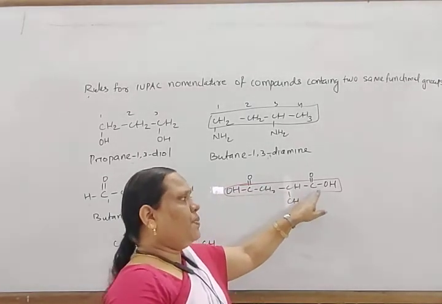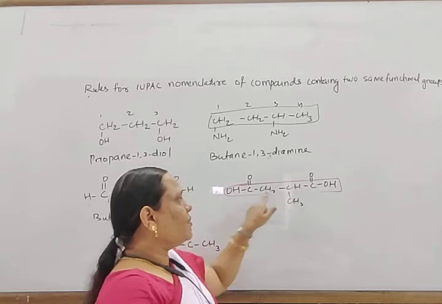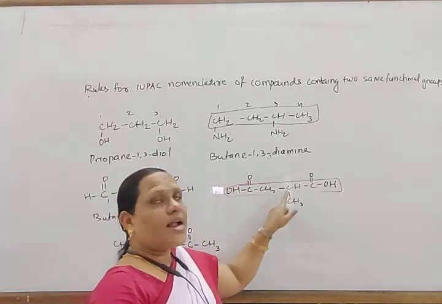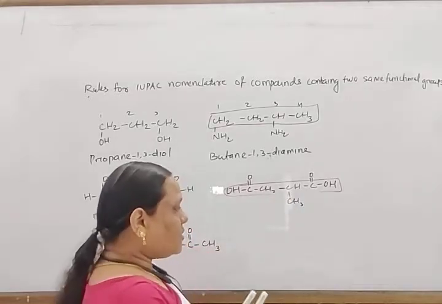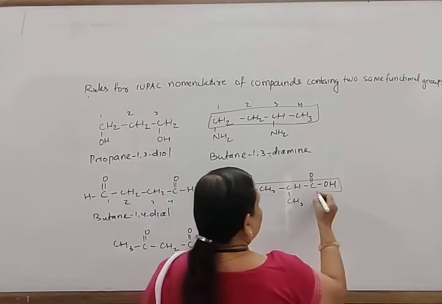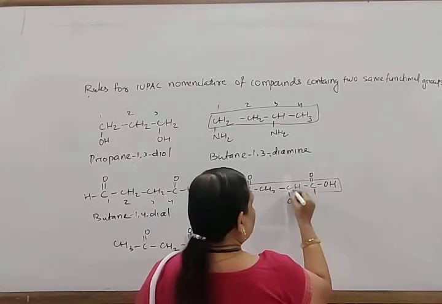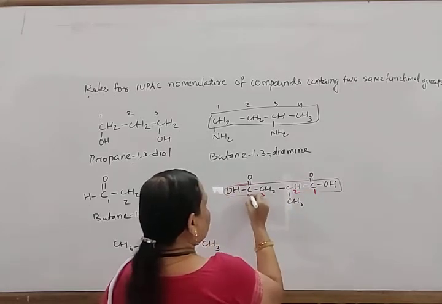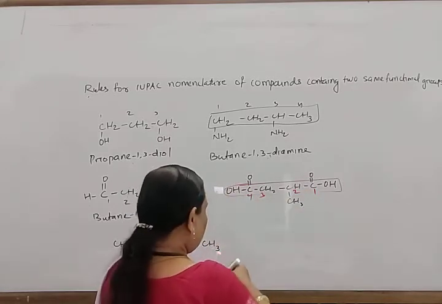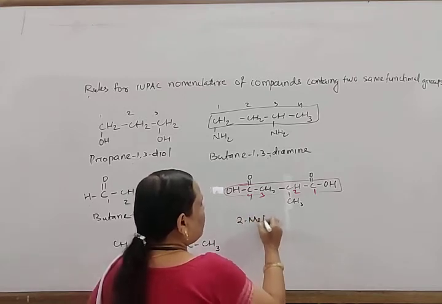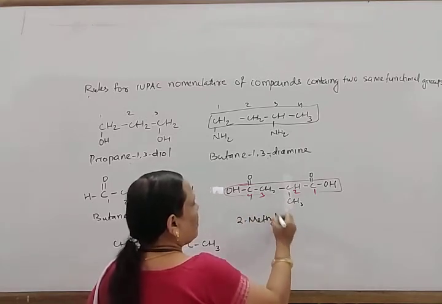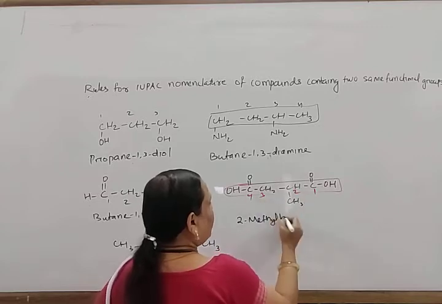And here, if you count from this side, then 1, 2, 3, 4. If you count this side, at 3 position. If you count from this side, then at 2 position. In this way, you have to count from the right side. 1, this is 2, this is 3, this is 4. At 2 position, methyl is there. In this way, name of this compound is 2-methylbutanoic acid.